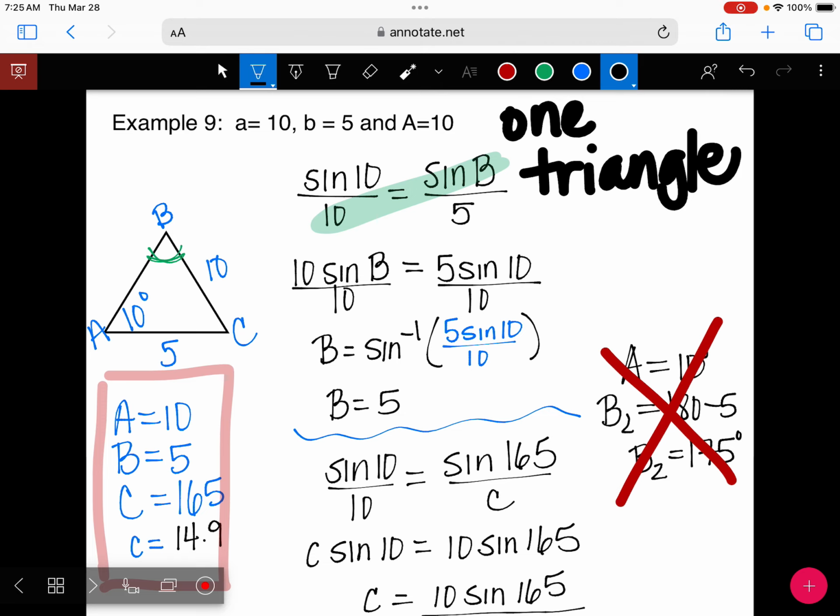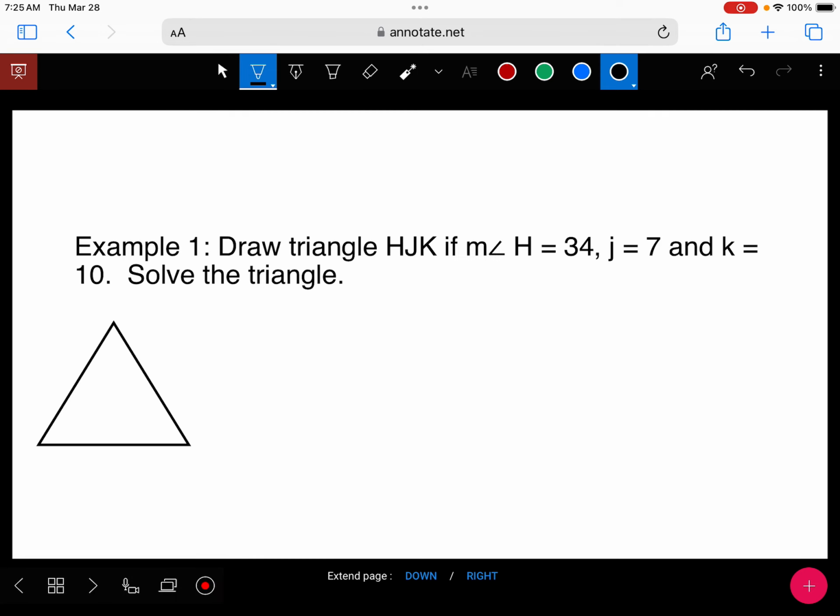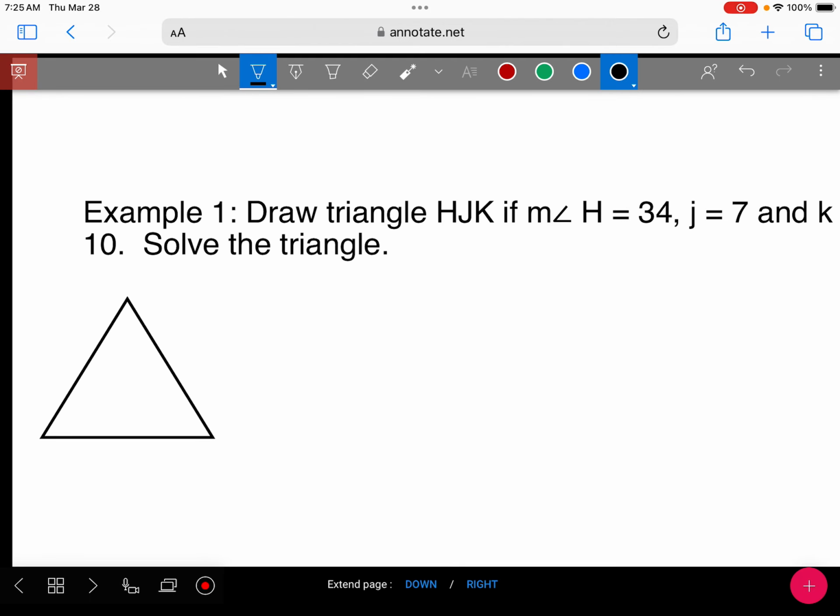All right, so let's go ahead and keep moving forward a little bit. Gotta keep pushing. So let's go ahead and look at this next example where we have to, again, solve the triangle, which means find everything we don't know. So we have triangle HJK. H is 34.